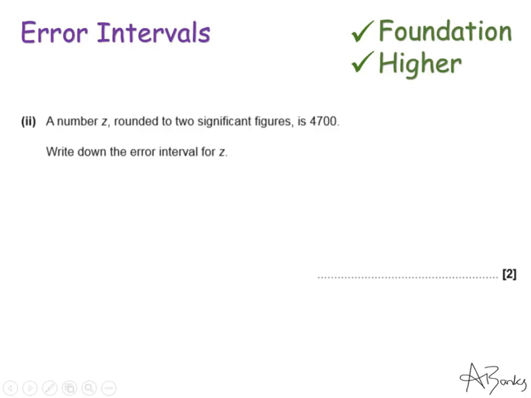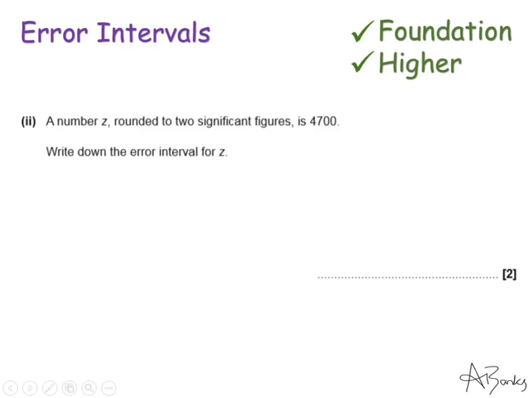If we look at the number they've given me here, that 4 in the thousands column is 1 significant figure, and the 7 in the hundreds column is my 2 significant figures. So actually this number, although it has been rounded to 2 significant figures, it's actually also been rounded to the nearest 100. So I can just treat this as if it's been rounded to the nearest 100.